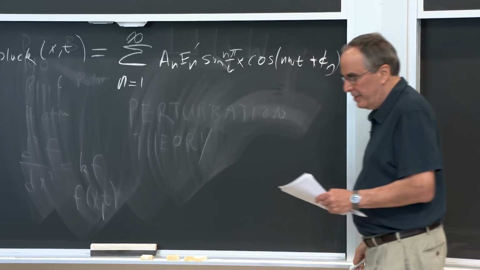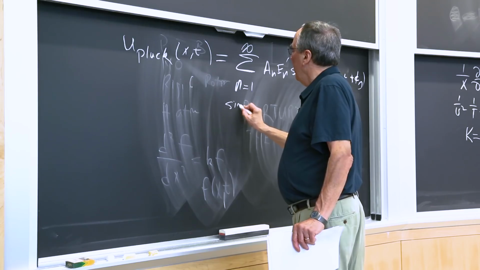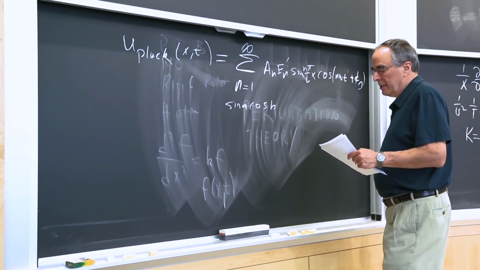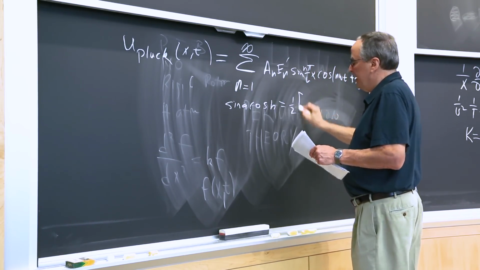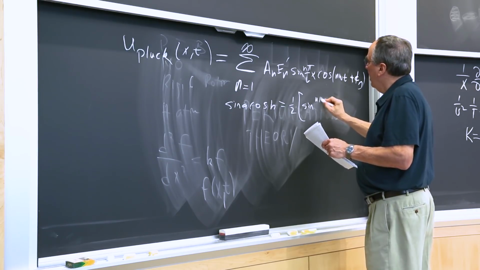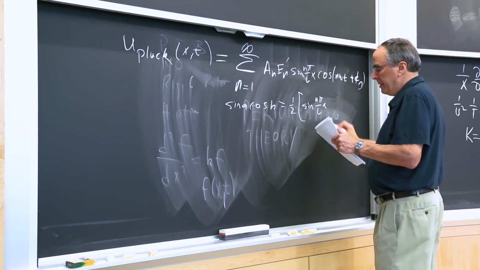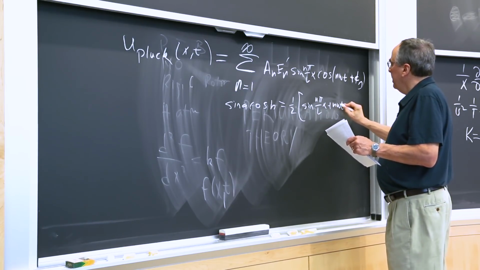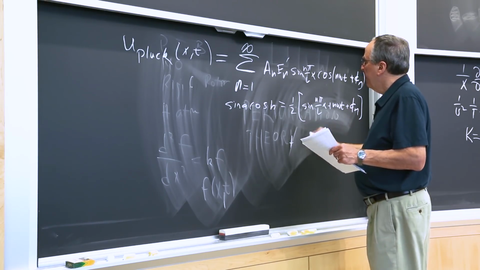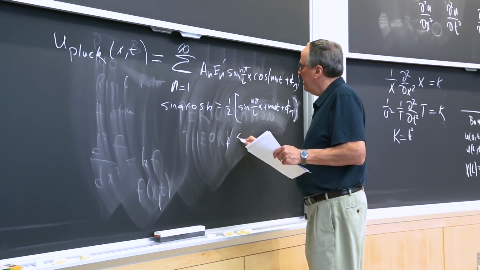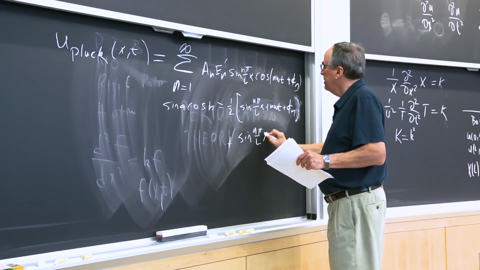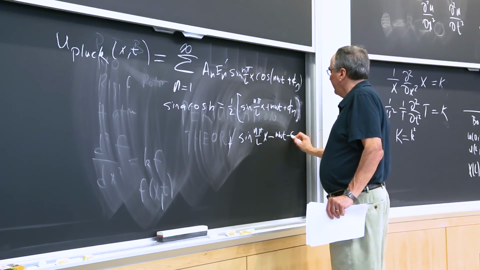Now, there's another simplification. From trigonometry, sine A cosine B, we have sine and cosine, can be written as 1/2 times sine of n pi x over L plus n omega t plus phi n, plus sine of n pi x over L minus n omega t minus phi n.